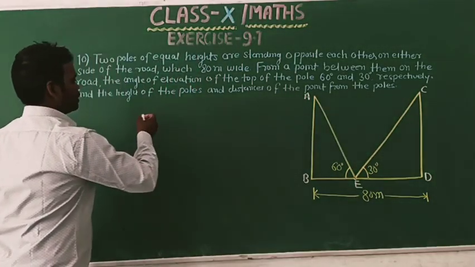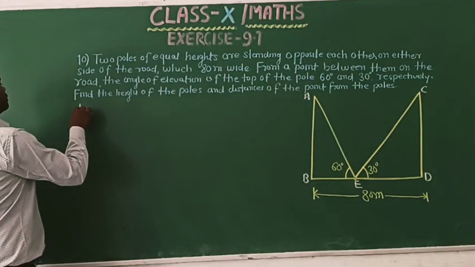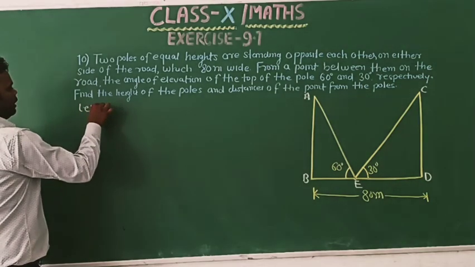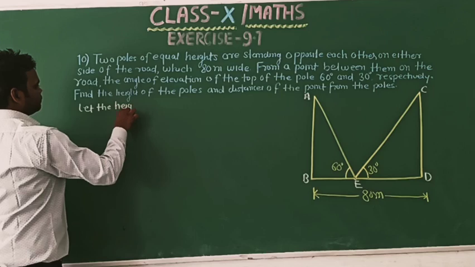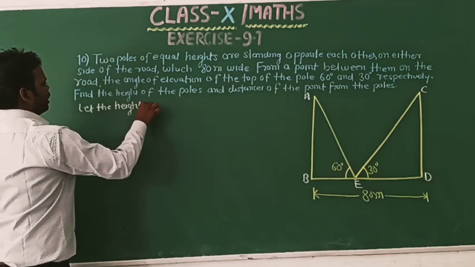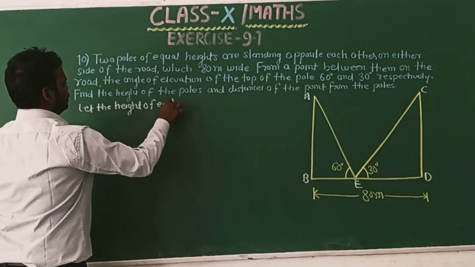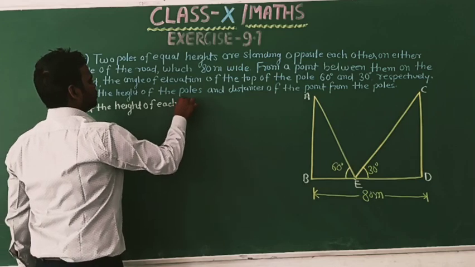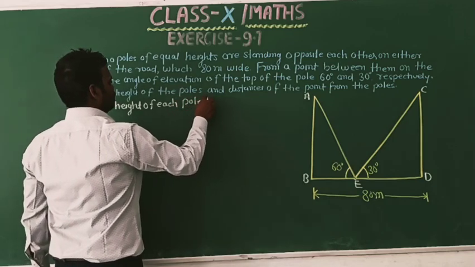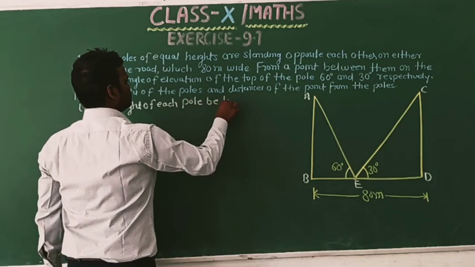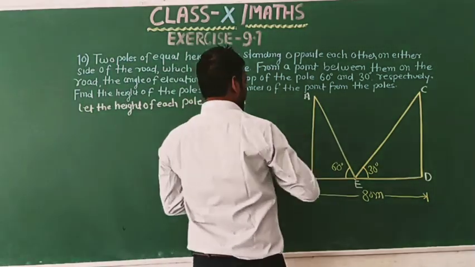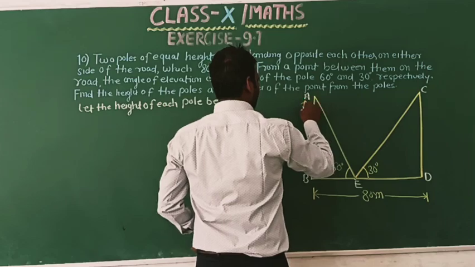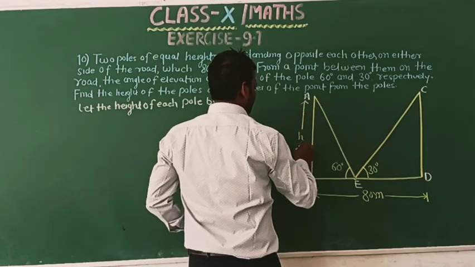So let the height of each pole be h meter.